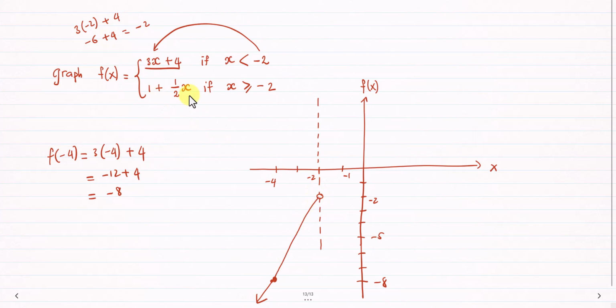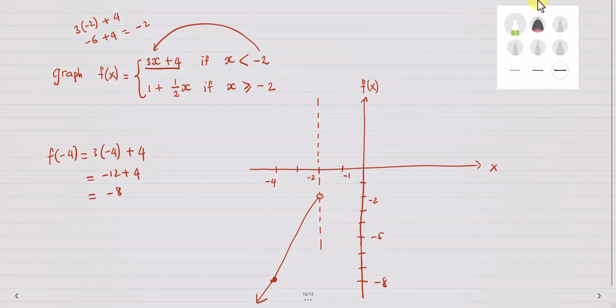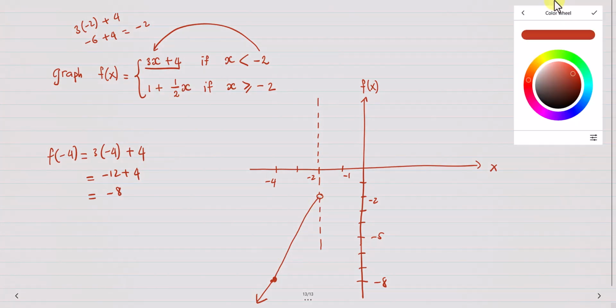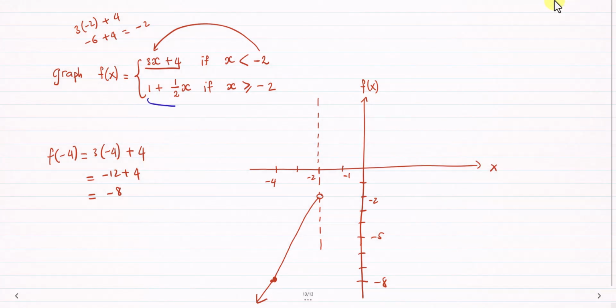Now, for the second part of this problem, we are given this function here. So again, we have to find 2 points, and this time we see that we are actually including the -2 because we have the equality here. So I'm going to take -2 and plug in here, and then I get 1 plus 1/2 times -2, right?